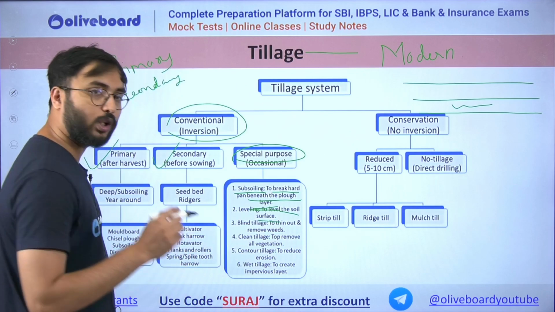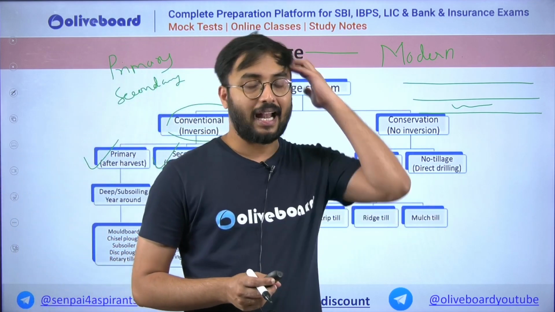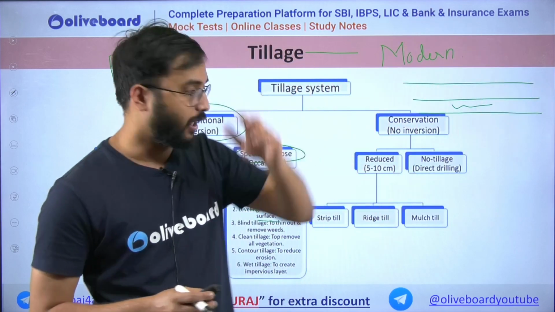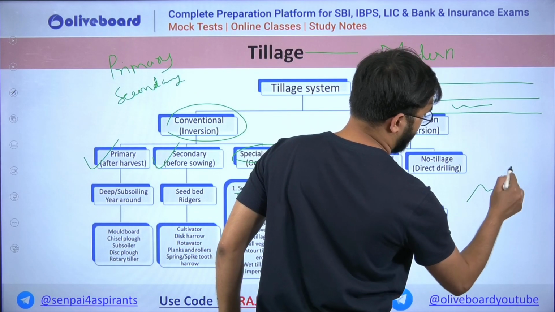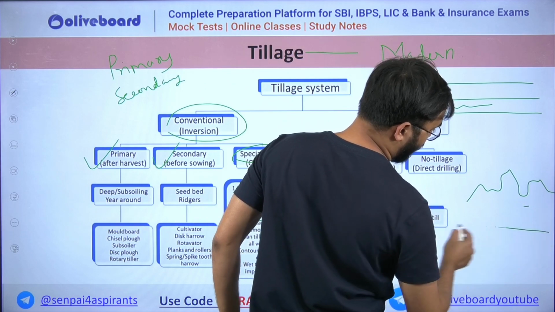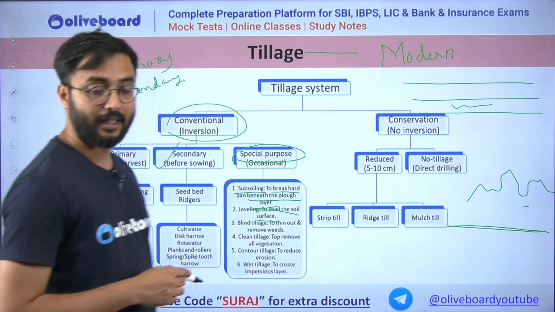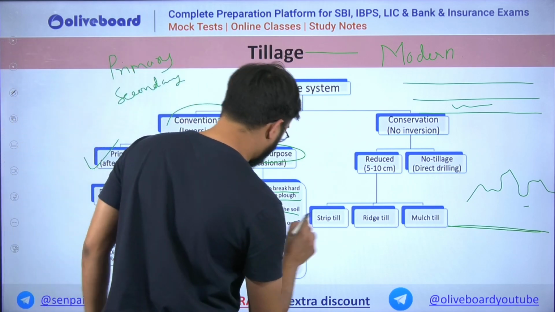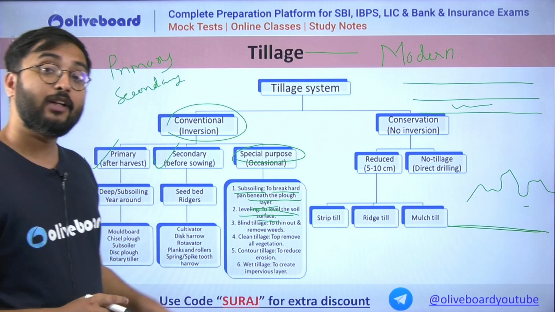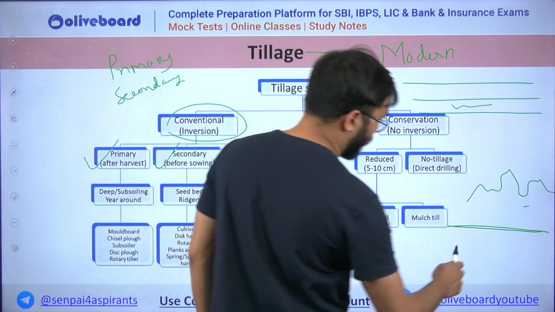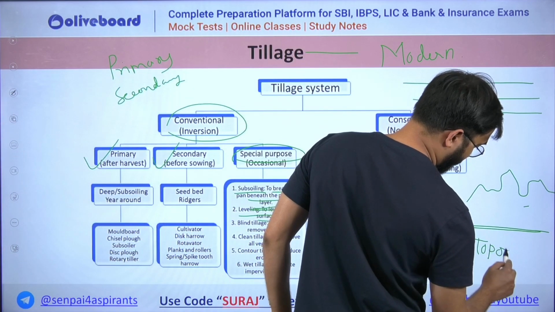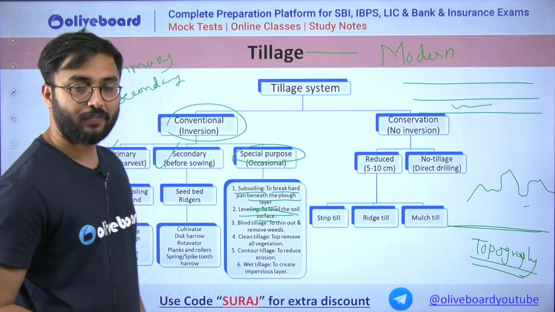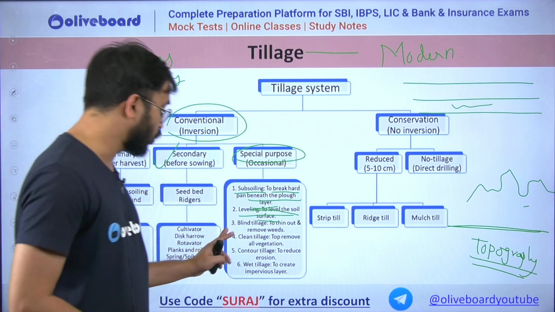Leveling is nothing but whatever land you are having, and if it is having irregular surface, then such irregular surface can be leveled up or created on the plane structure, and in this way this leveling is very, very useful in various terrains or topography regions. So wherever uneven topography is there, at that time leveling is used a lot.